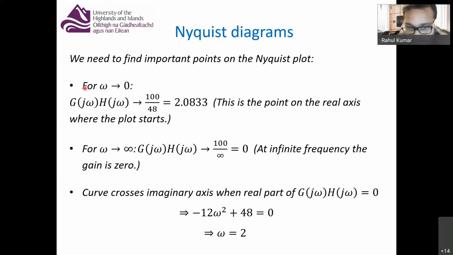For that we consider low frequencies, and the lowest frequency will be 0 radians per second, right? So we set omega equal to 0 in the open loop transfer function G(j omega)H(j omega), which we have just calculated.